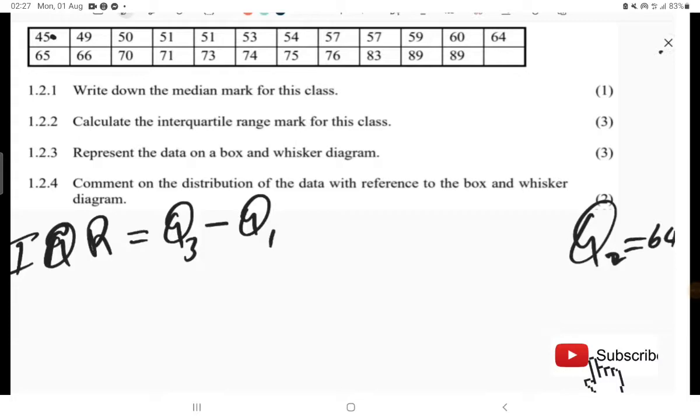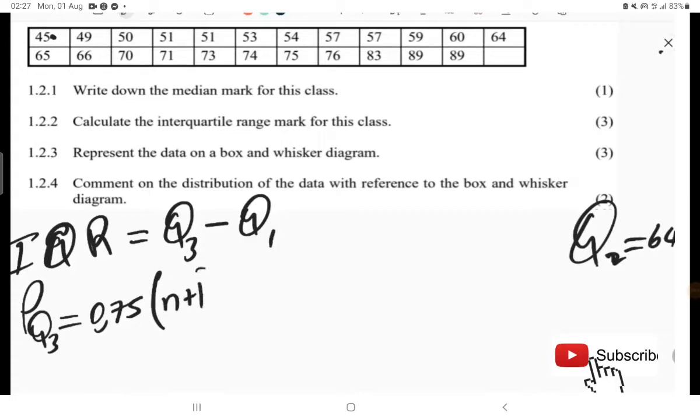Now, let's find the position of Q3. The position of Q3 is given by 0.75, which is 75% of our data, which can also be written as 3 over 4. This is going to be times n plus 1.